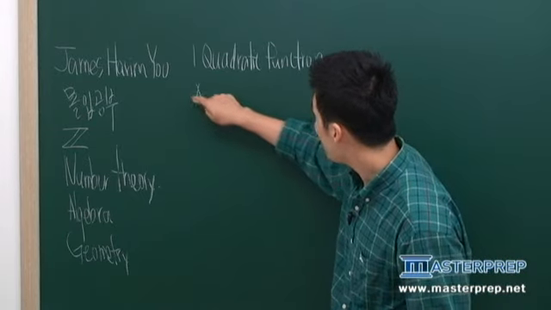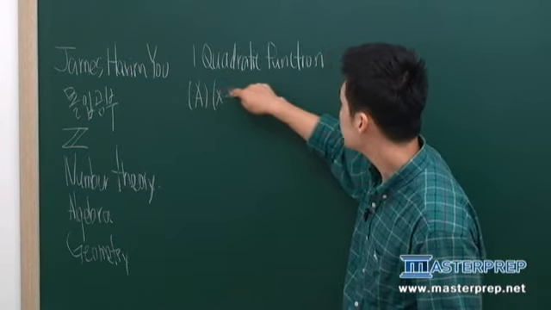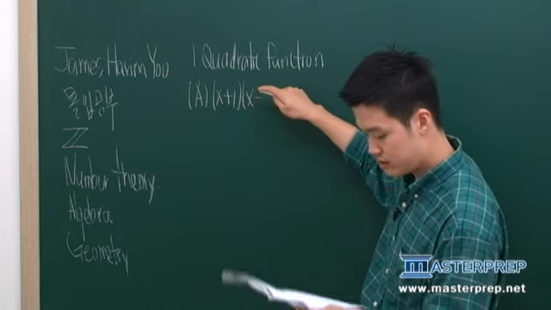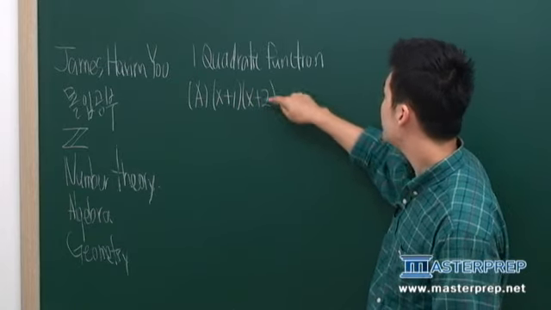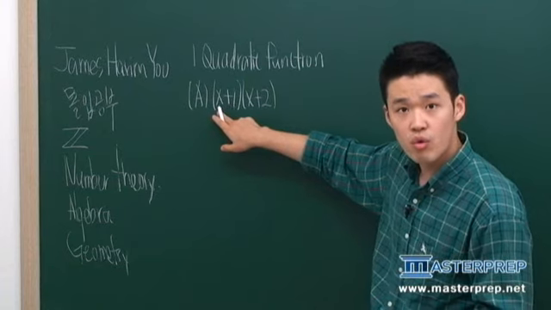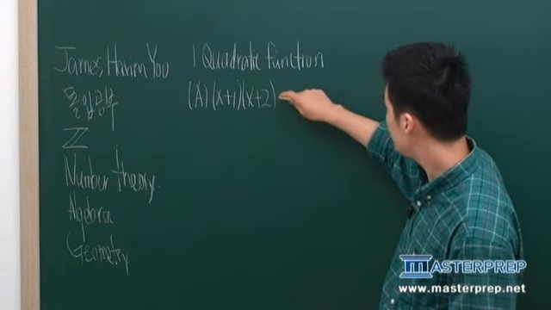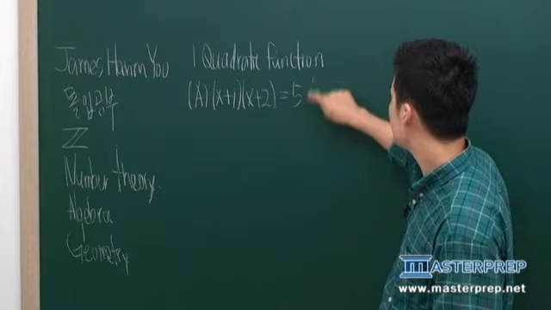Since the number is given as a positive number, first look at A. (x + 1)(x + 4), with x equal to 2, means you are adding the numbers and multiplying, which is equal to 5 times 6.